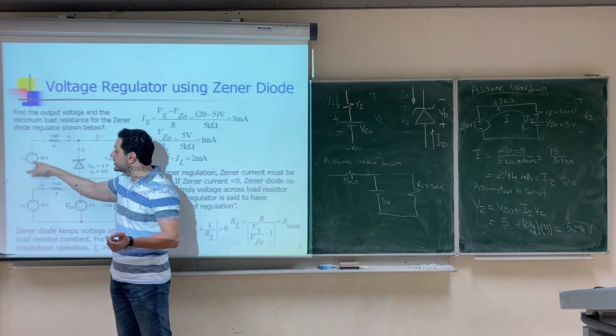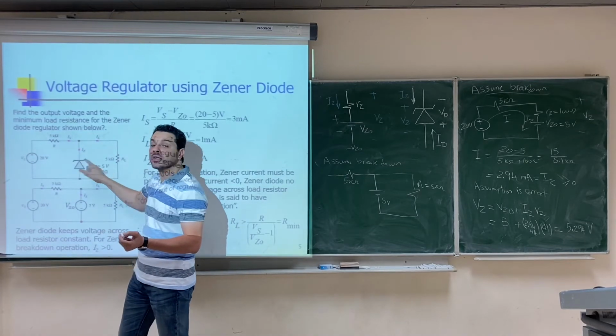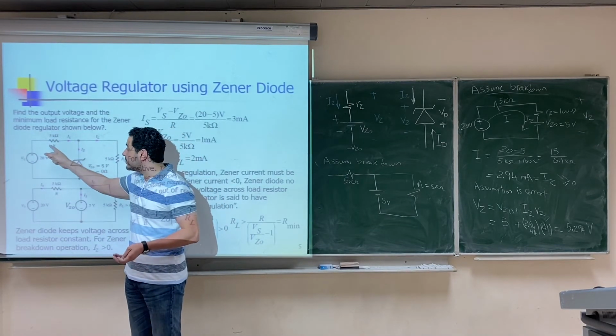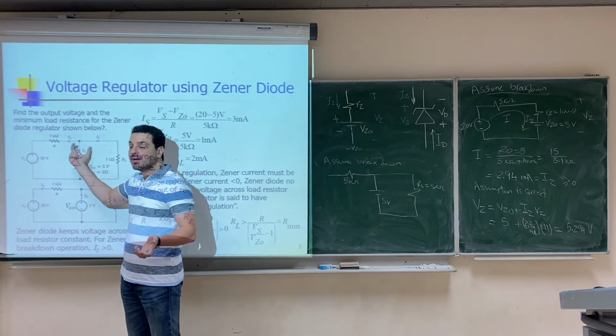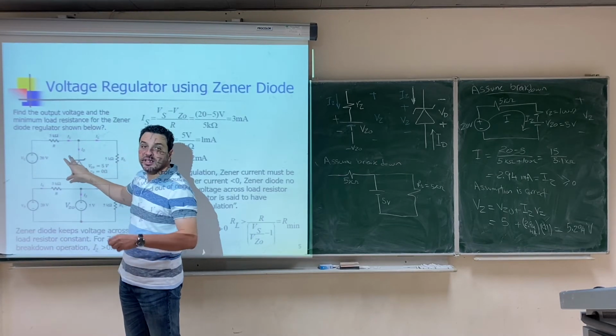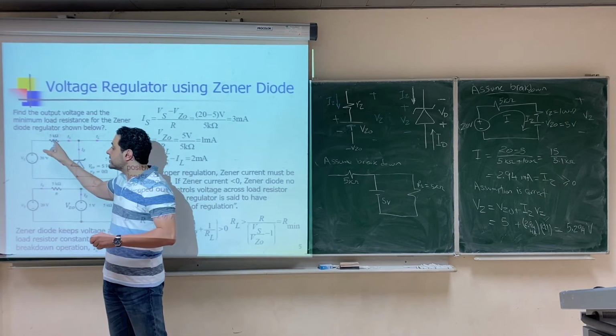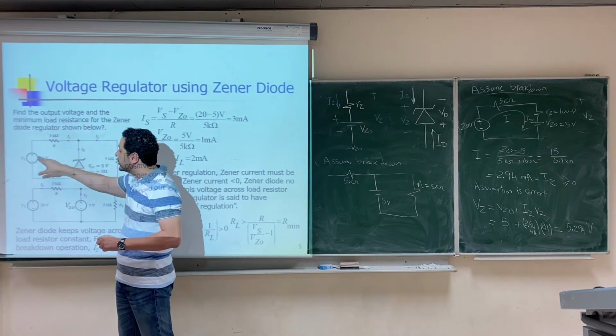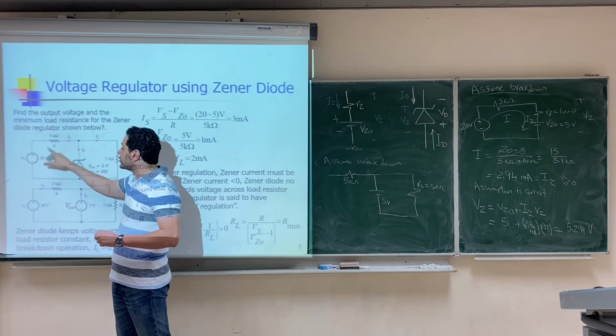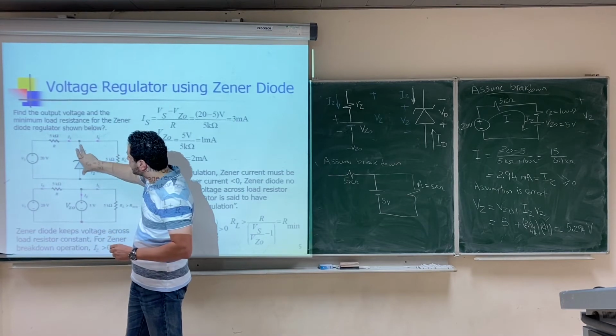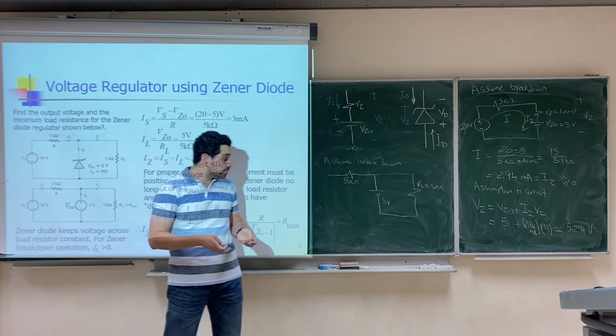So this resistance is very important. If there is no resistance here, then the Zener diode will be forced to change the voltage on it. So this resistance is going to take all the fluctuations, all the changes in this voltage, and it will guarantee that the voltage of the Zener will be constant, okay?